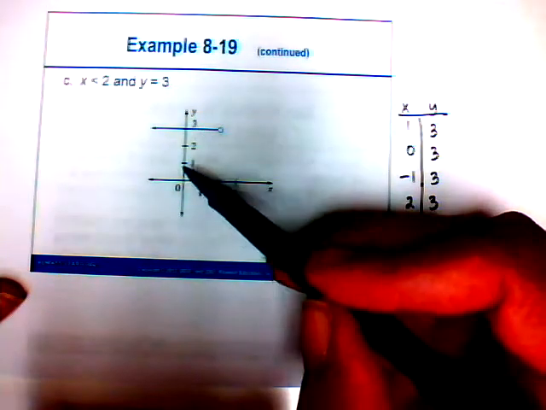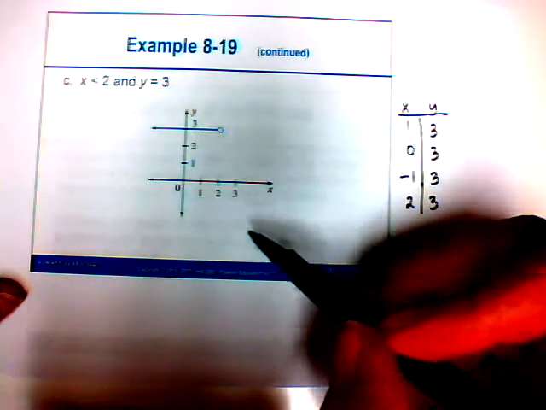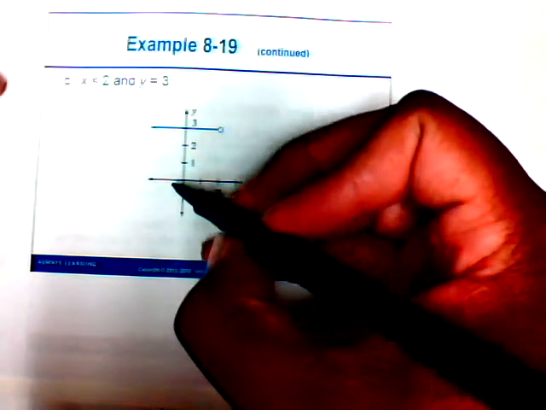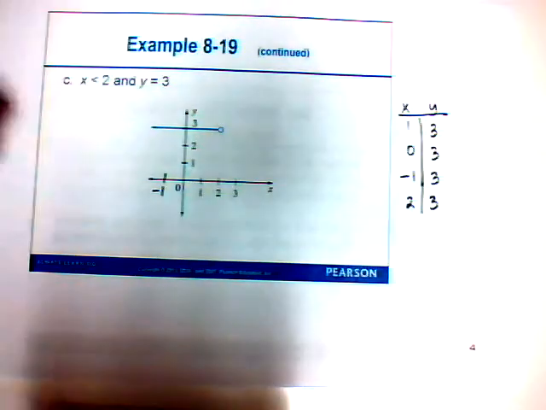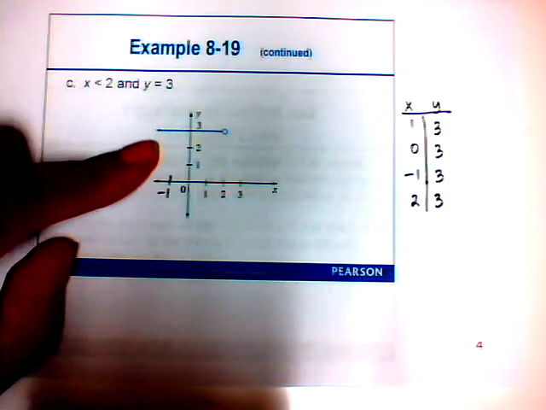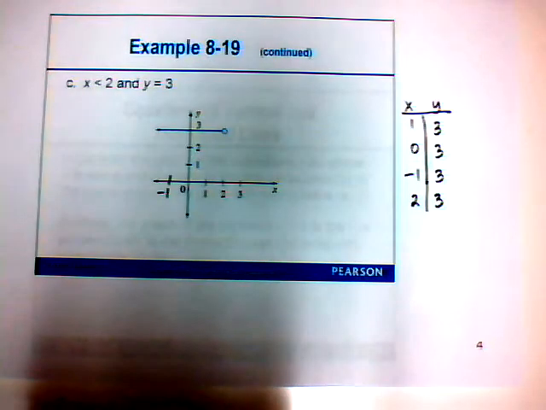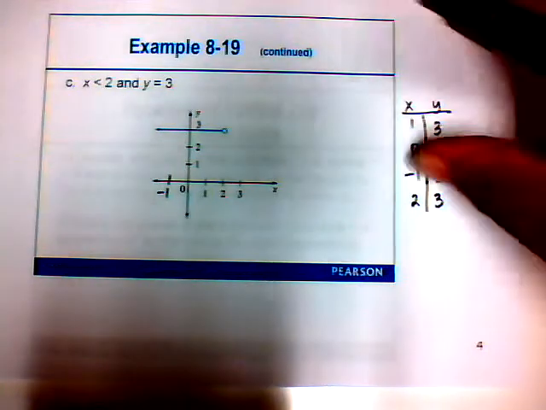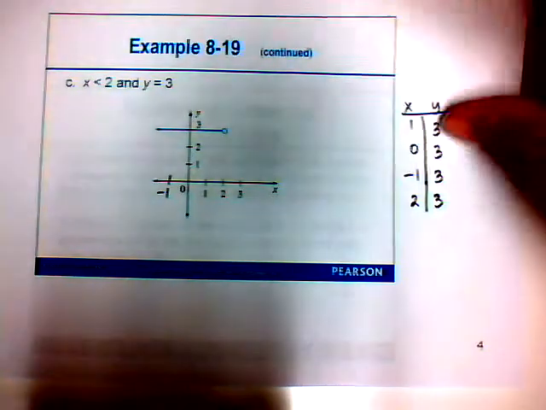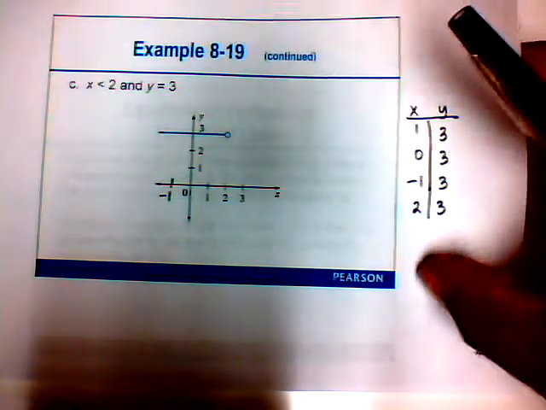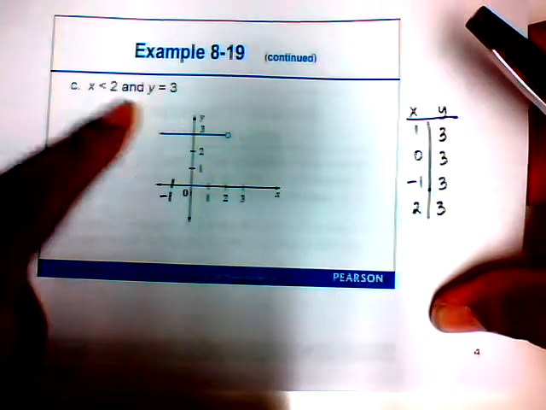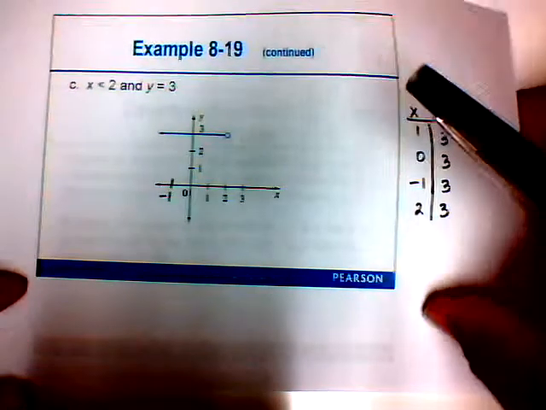Stay at 0 for (0, 3), go up 3, and then for -1, I'll just go ahead and put a -1 over here. You go to the left 1 and up 3. And you can see that the graph is going to look like this, where you have an empty circle at the coordinate (2, 3). Okay, so that's how you'll graph that particular intersection of an inequality and an equation.